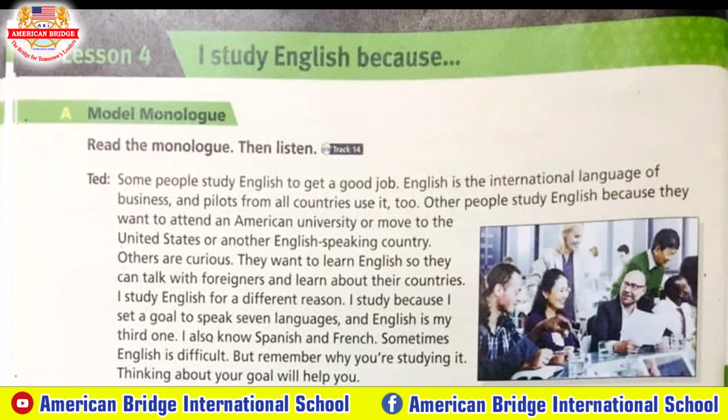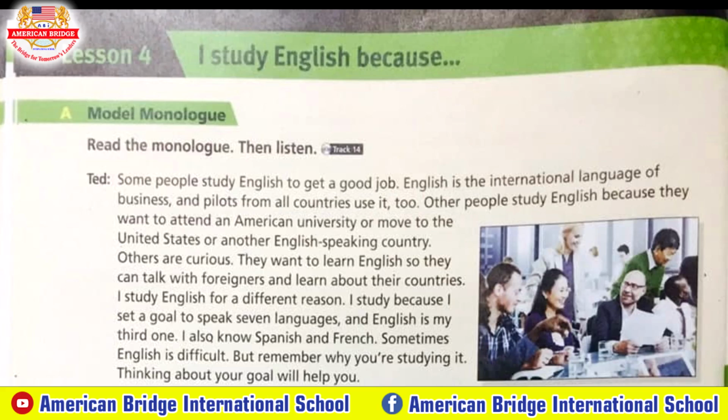Some people study English to get a good job. English is the international language of business, and pilots from all countries use it too. Other people study English because they want to attend an American university or move to the United States or another English-speaking country. Others are curious.